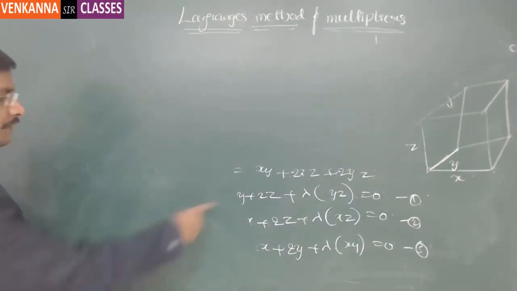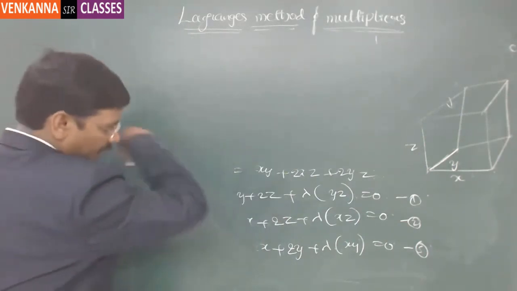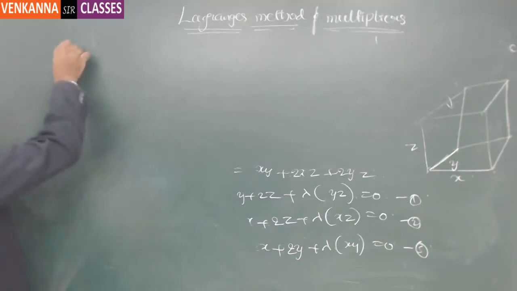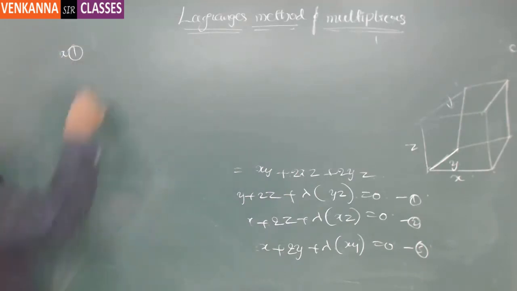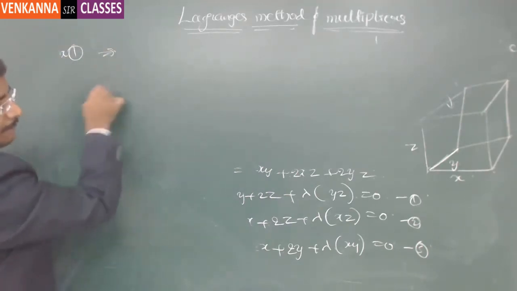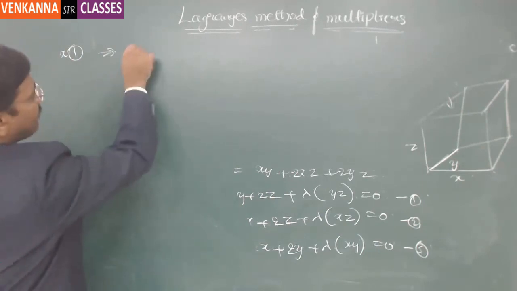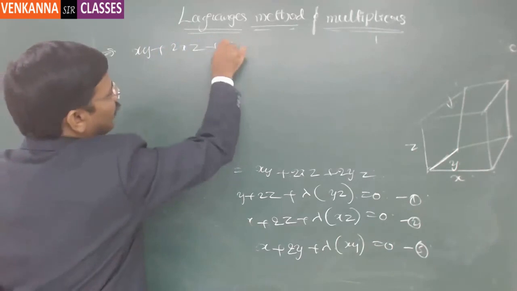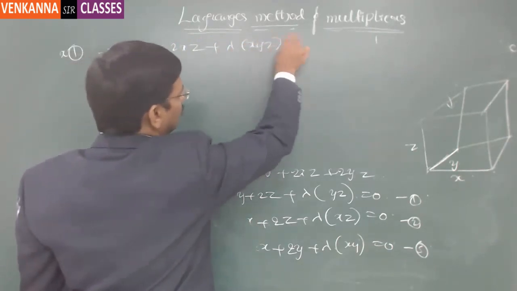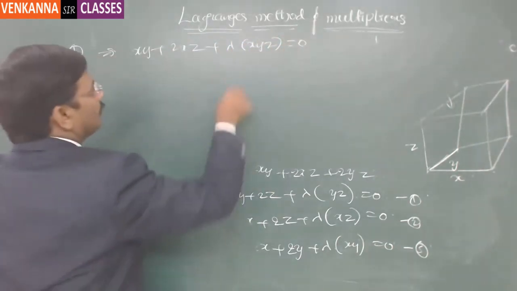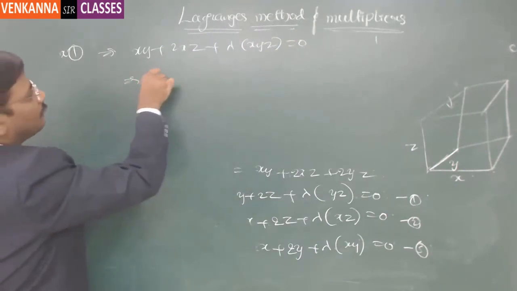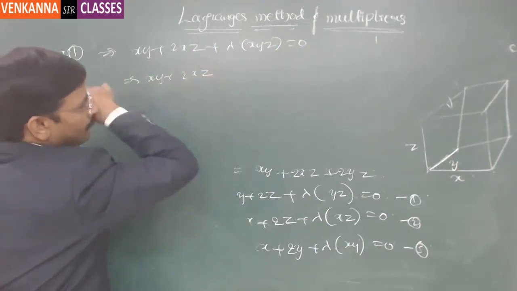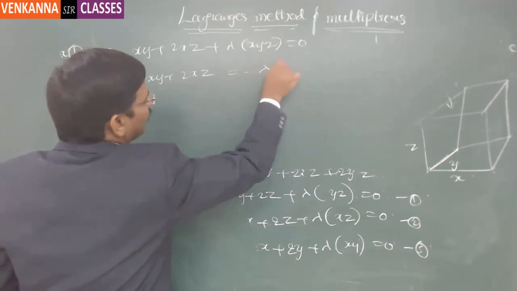So here, from this, multiply this entire equation with x. So equation 1 with x, it implies xy plus 2xz plus lambda times xyz equal to 0. And it implies xy plus 2xz is equal to minus lambda xyz.